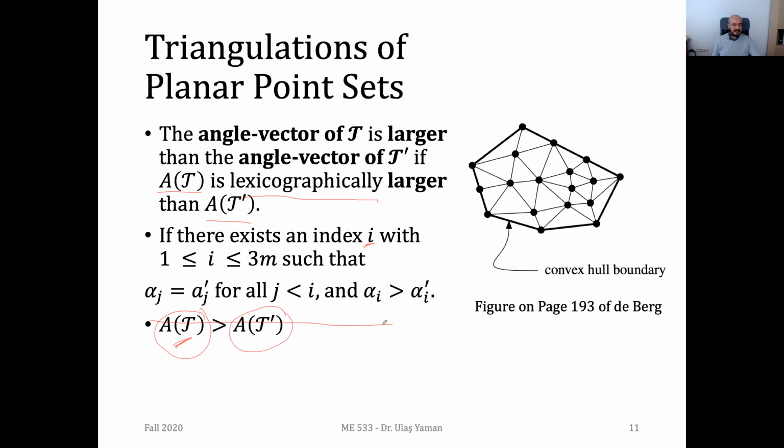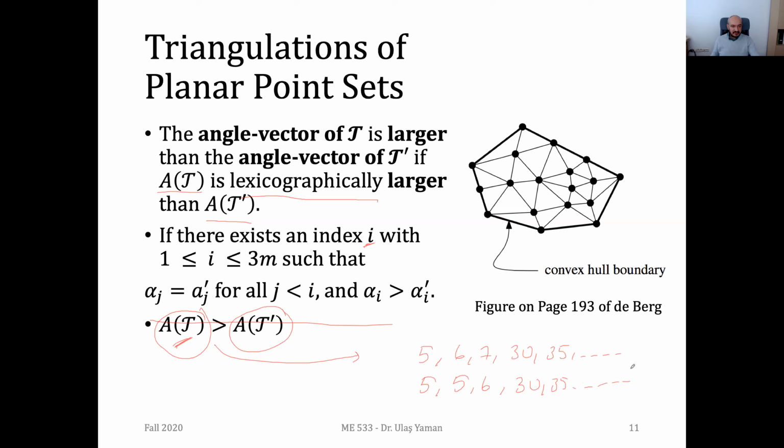This one is larger, so assume that these are the angles we have. And the other one has such a thing, let's say. Assume that the rest is the same.